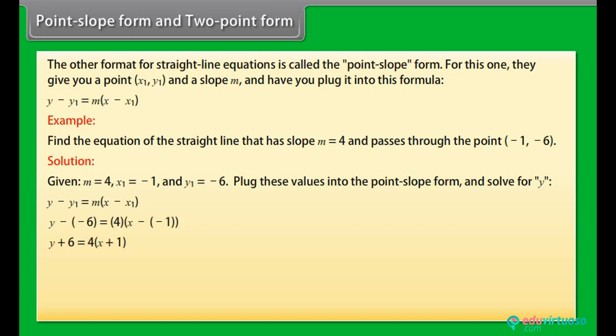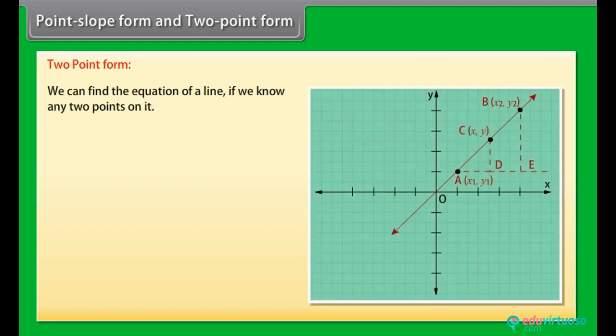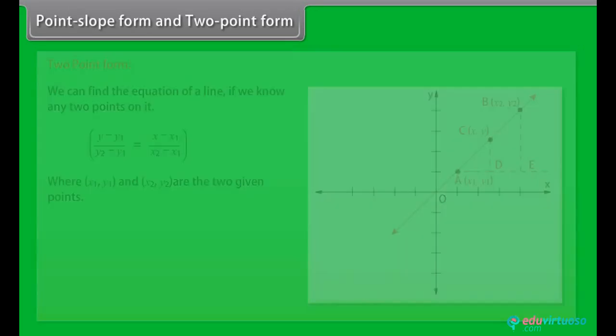Substitute the values in the above equation and on solving for y we get y = 4x − 2, which is the required equation. Two-point form. We can find the equation of a line if we know any two points on it, where (x1, y1) and (x2, y2) are the two given points.